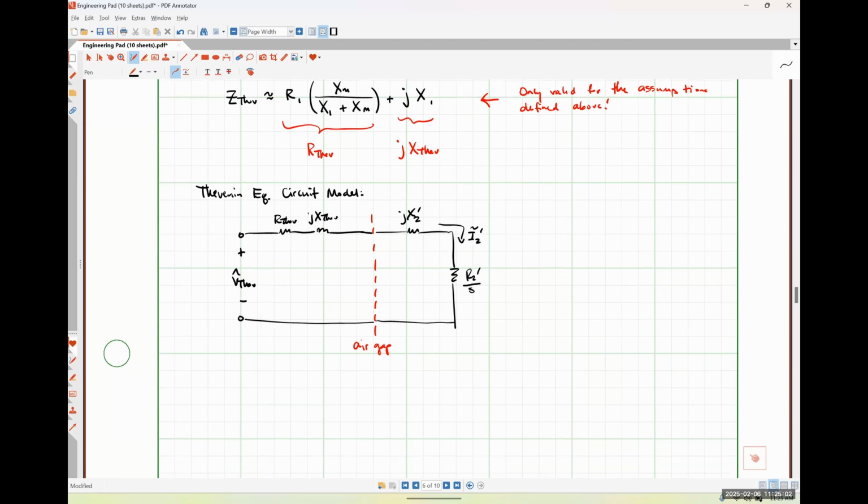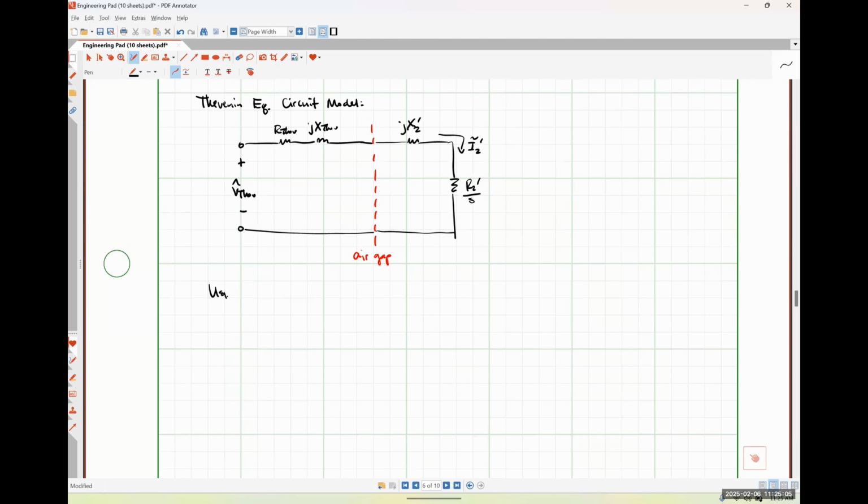Okay. So using Ohm's law, we could say that I2 prime is just our Thevenin voltage over R Thev plus R2 prime over S. Sorry, that S looks particularly bad. Plus j(X Thev plus X2 prime).